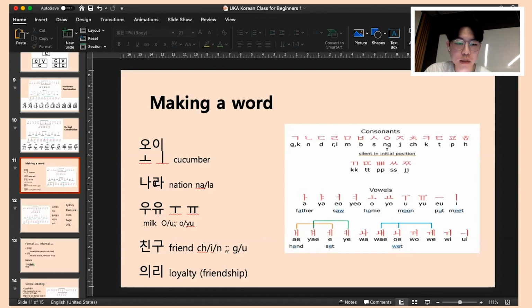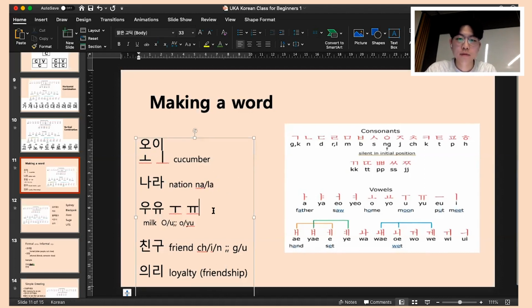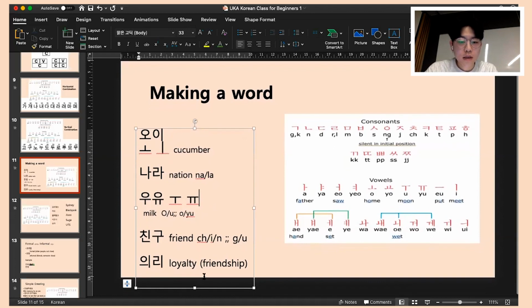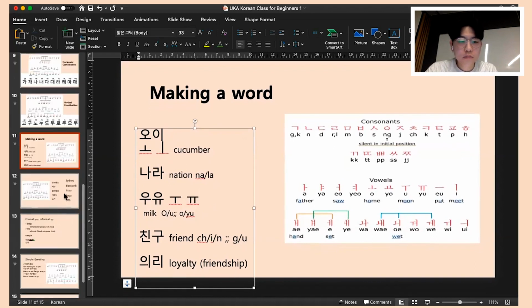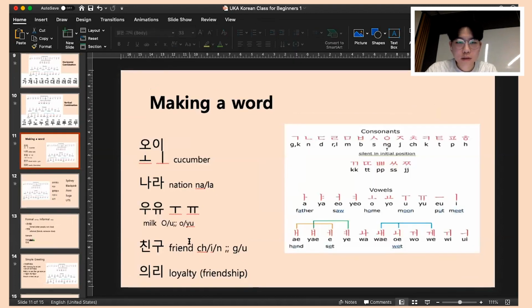It's pretty much the same in Hangul, la and ra. So it's just in between, la. I think it's clear.